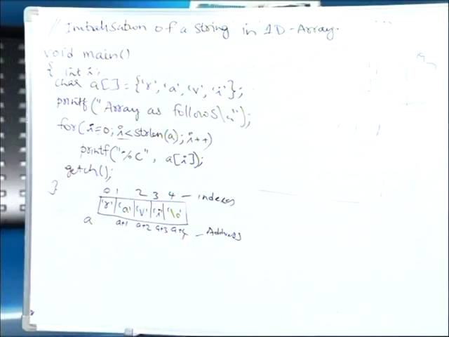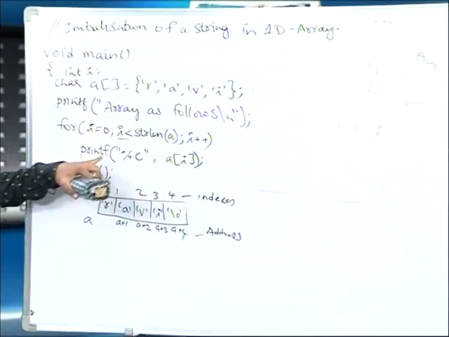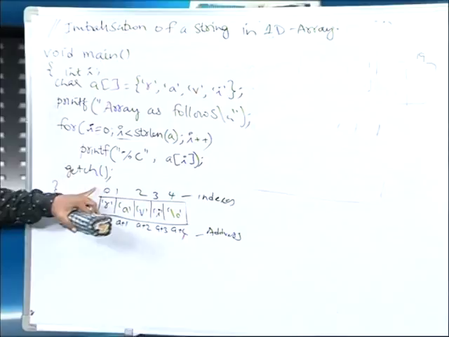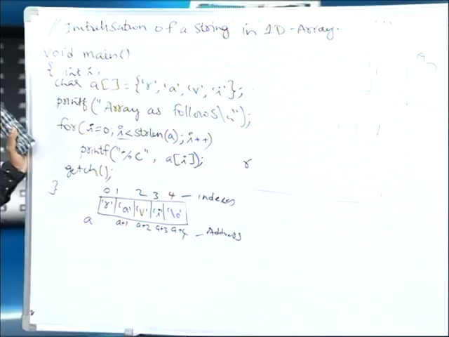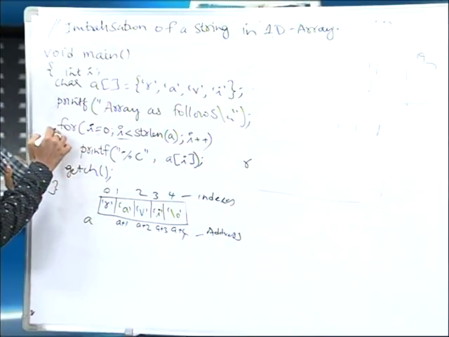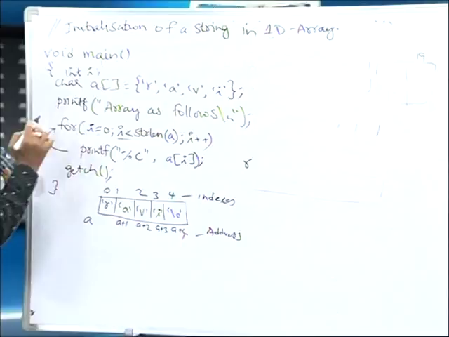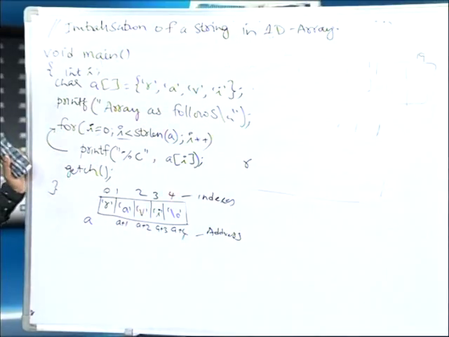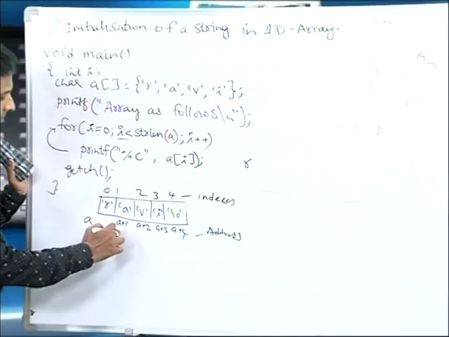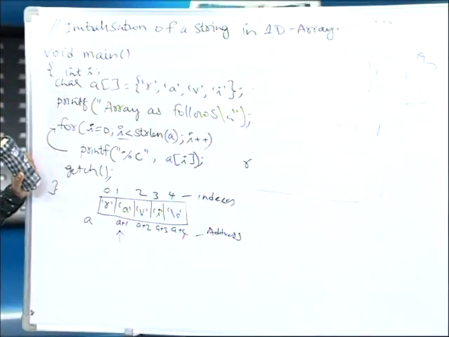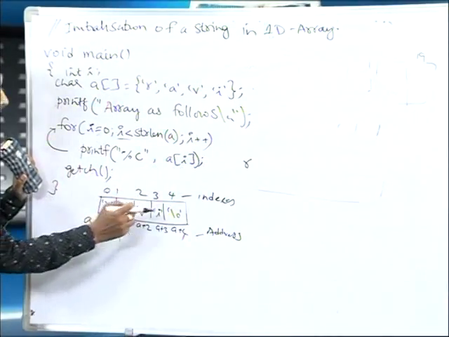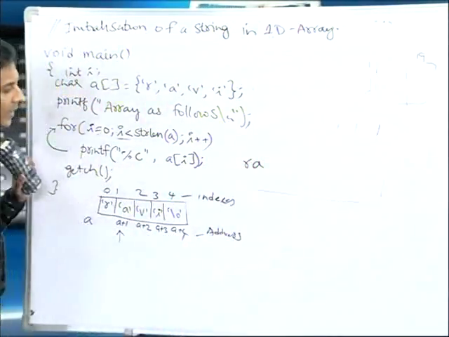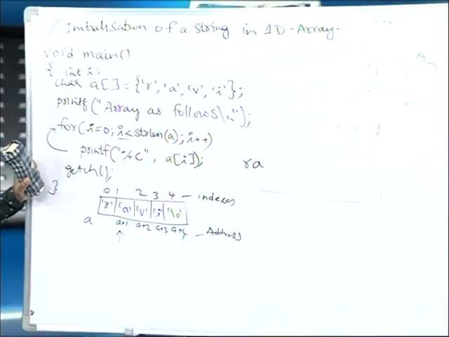So first printf: I equal to 0, printf a of I, a of 0, that is R is printed. Next iteration, I plus plus means I is incremented by 1, so a of I means a of 1, that is A. A is printed.